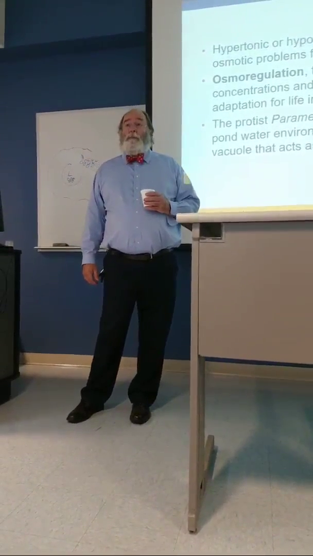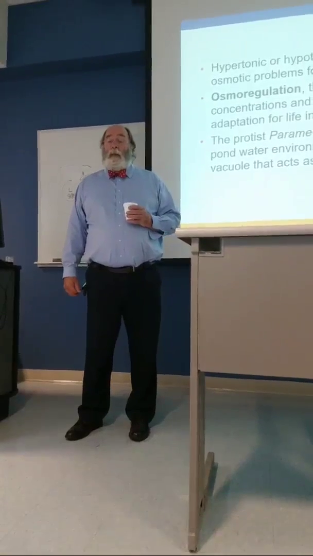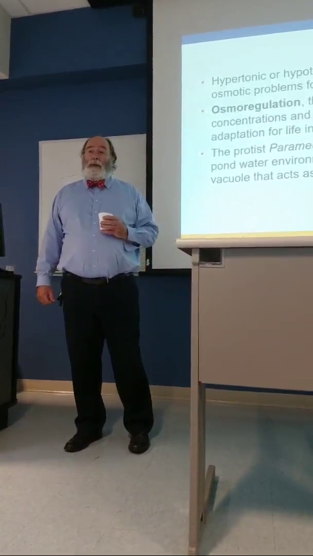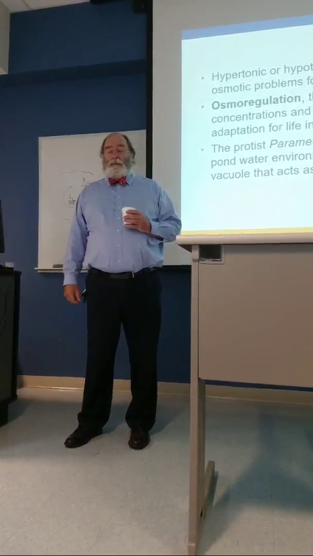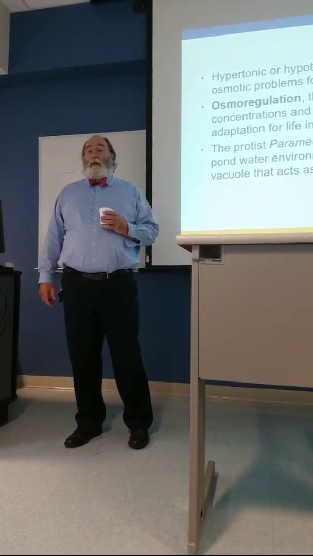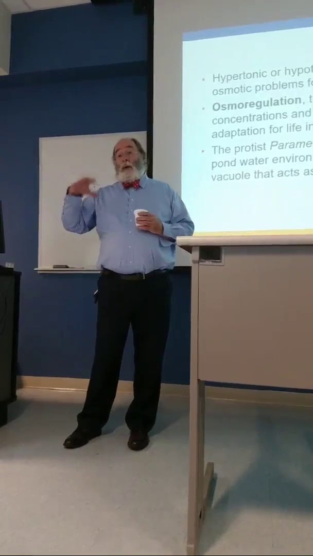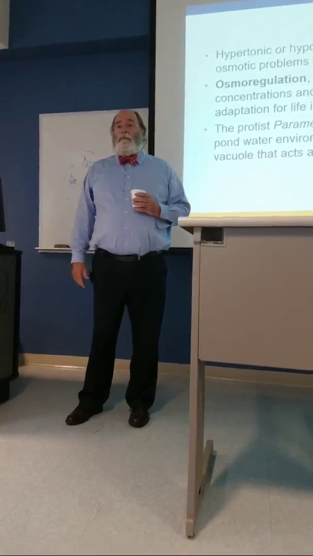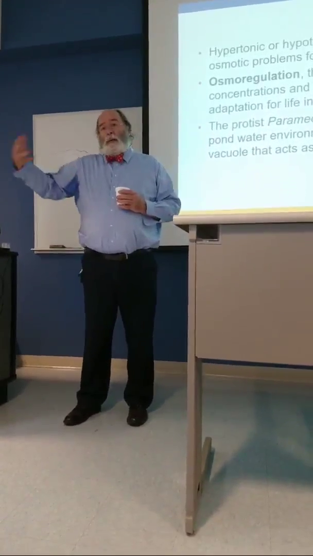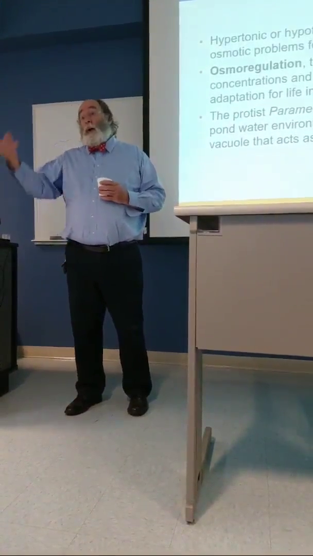So osmoregulation in fish: the kidneys control the concentration. The blood goes through the kidneys and the kidneys filter it out, and the blood is whatever the kidneys put out.